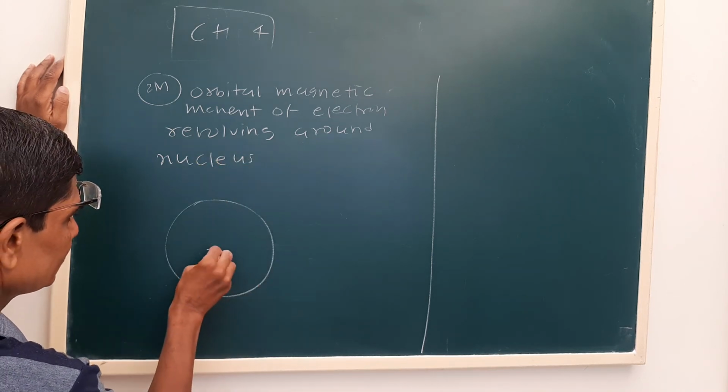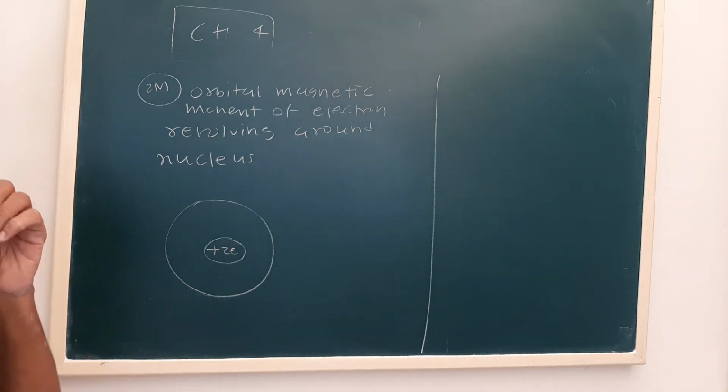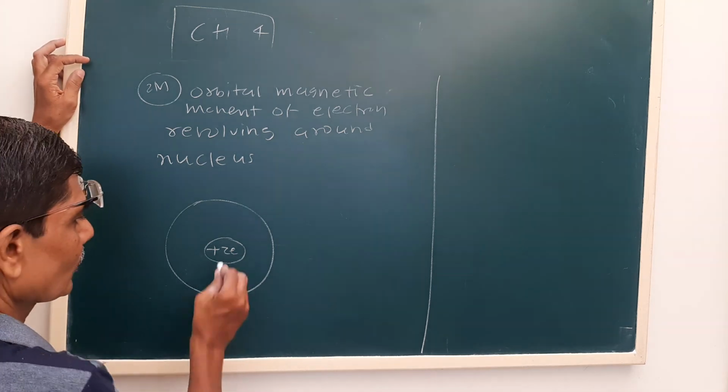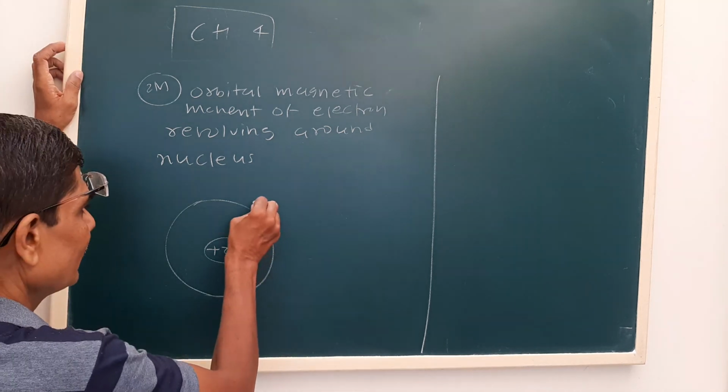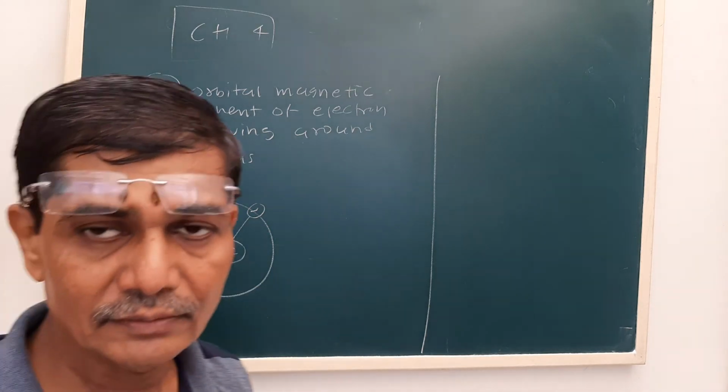Now let us say the atom has a nucleus, atomic number is Z. So in the nucleus we have positive charge, plus Ze. Now we consider one electron which is moving around the nucleus in a circular path.